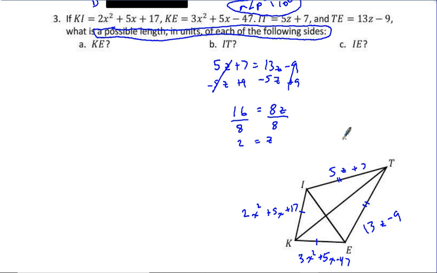So I need to take 2, the value of z, and substitute that in for either of those two expressions, but they ask for IT, so we might as well just use 5z plus 7. So the distance between I and T equals 5 times 2 plus 7, or 17 units.